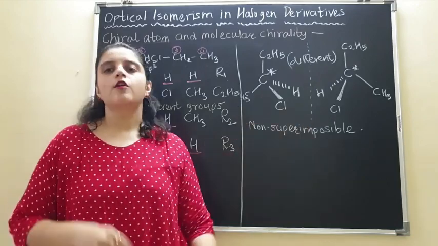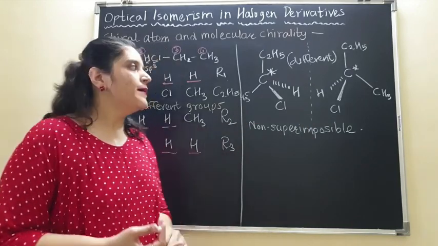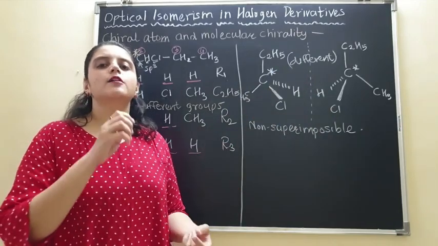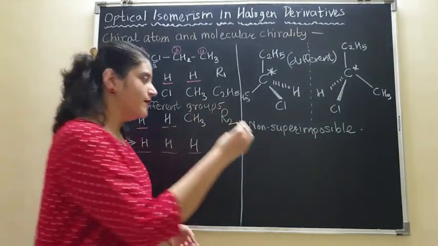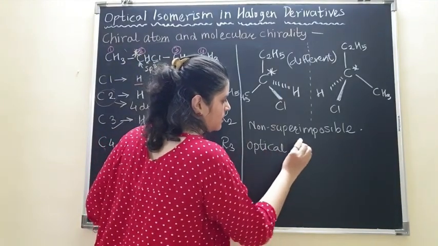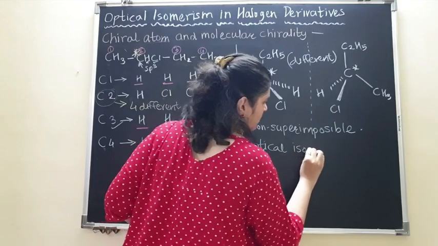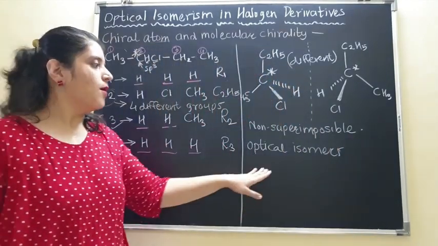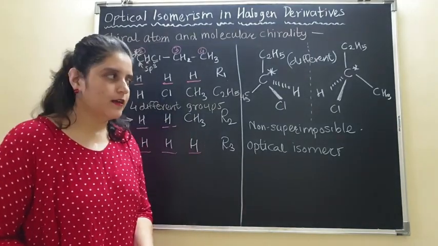Therefore they are stereoisomers of each other. These types of stereoisomers are called optical isomers of each other.